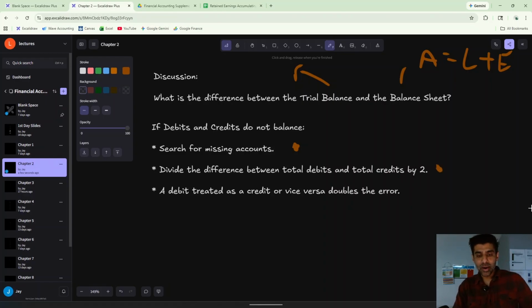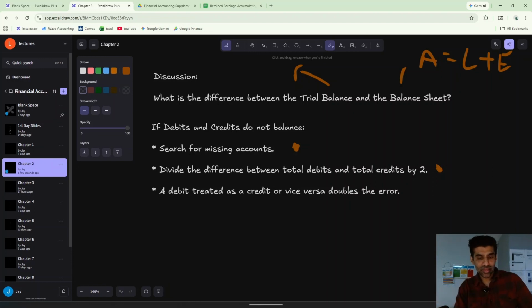You could have switched what should have been a debit balance with a credit balance. So if you put accounts receivable, but you put it as a credit balance by accident, that's going to throw it off. So you have to make sure that you have put the debit or credit balance in the right side of the trial balance.